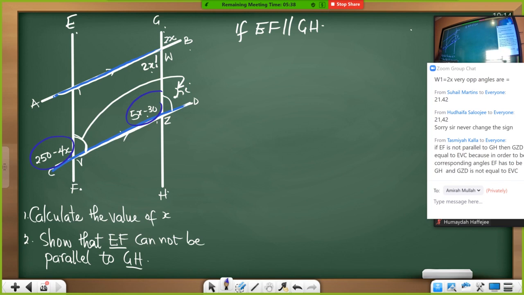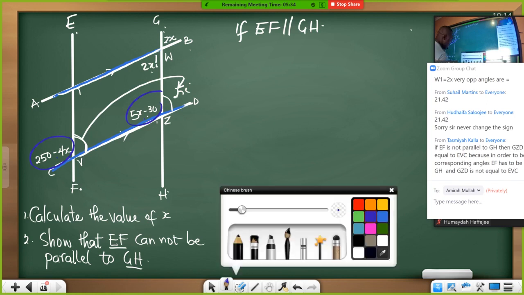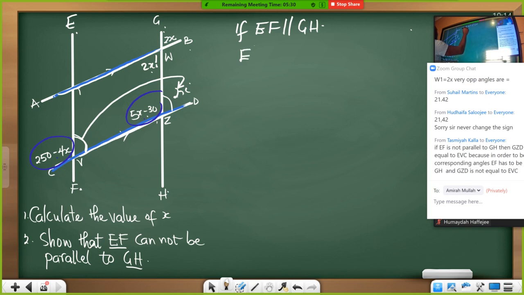If they are parallel, then that should be equal to that. Let me write that down for you. If they are parallel, then EVZ should be equal to GZD, corresponding, or EVC.